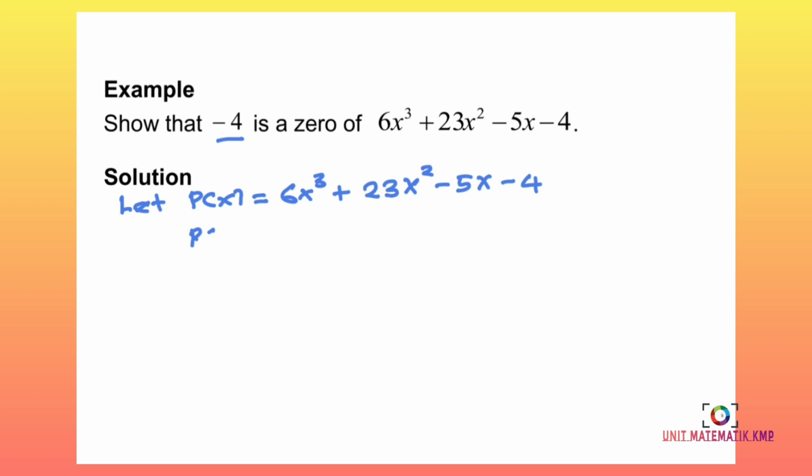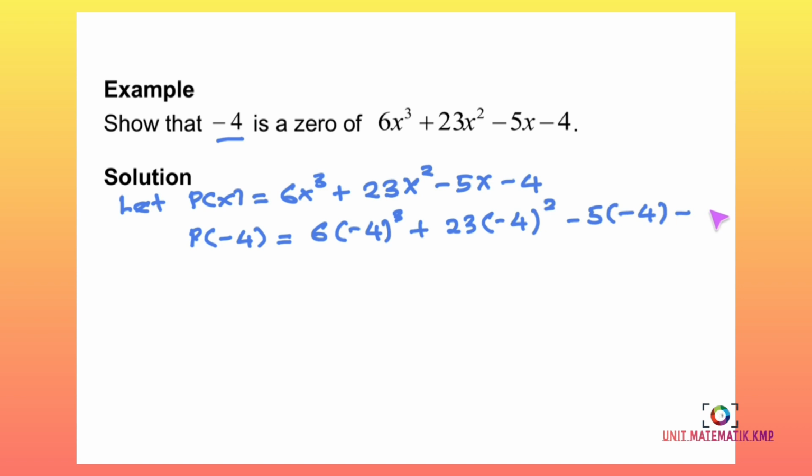So P(negative 4): substitute all the values of x with negative 4. We have 6 times negative 4 power 3 plus 23 times negative 4 squared minus 5 times negative 4 minus 4. And find the answer. We will have the answer 0.